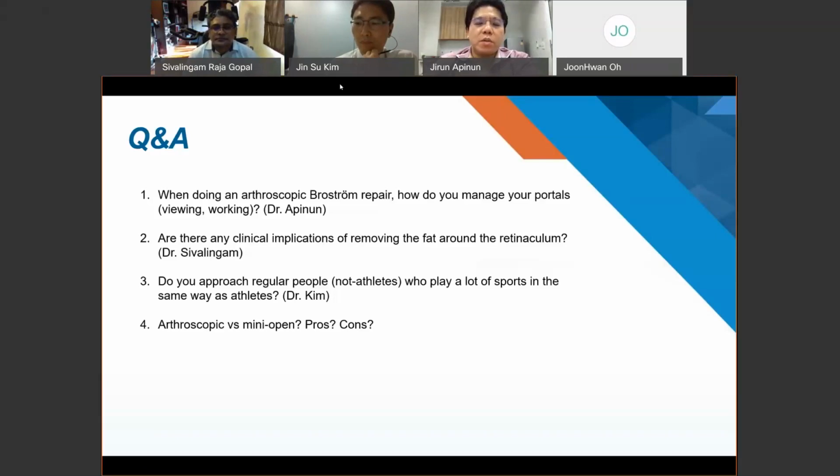Also, we can use a grasper to assess the flexibility, whether it can be brought up to the insertion. If it cannot, then it must be converted to the open procedure. We have to tell the patient before the operation every time that there is a chance to convert to open. It is not always successful.